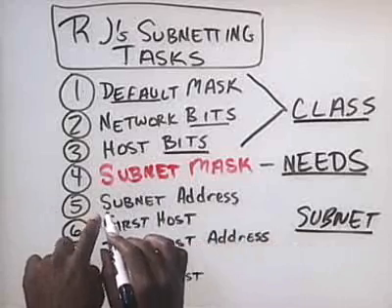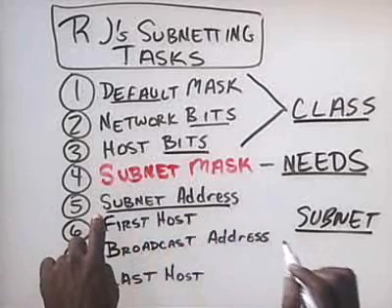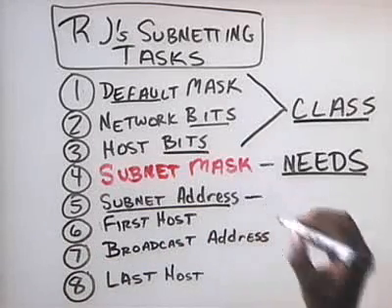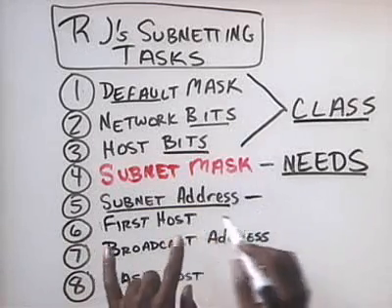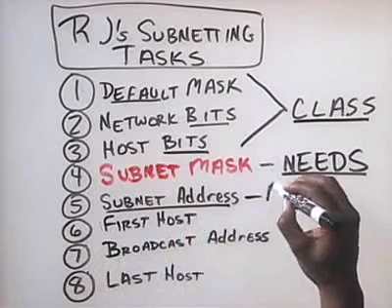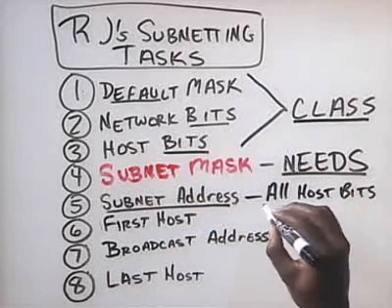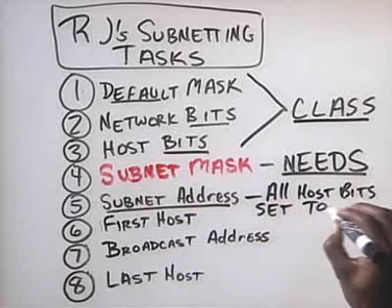But the subnet address itself is derived by using a little rule that we'll be using in our examples. The subnet address is all host bits set to 0.